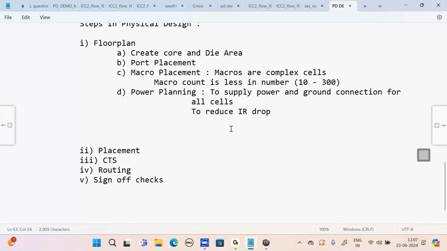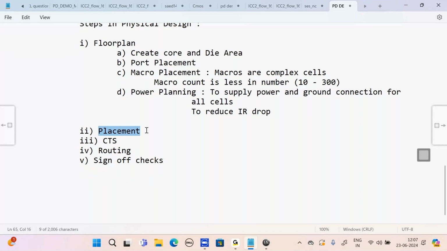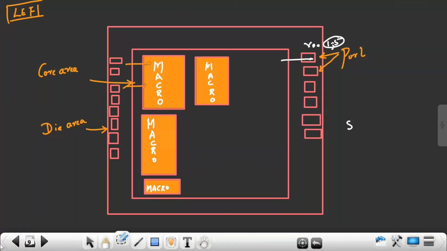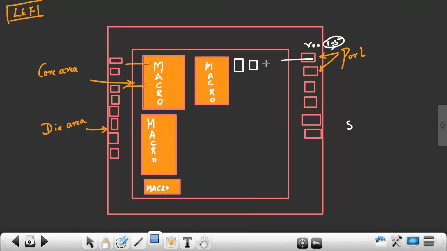After making power planning ready, then I'll go with what? Placement. So what is placement? Place all standard cells in the core area. So what are the standard cells you have, right? In your design, you'll start placing inside the core area like this.